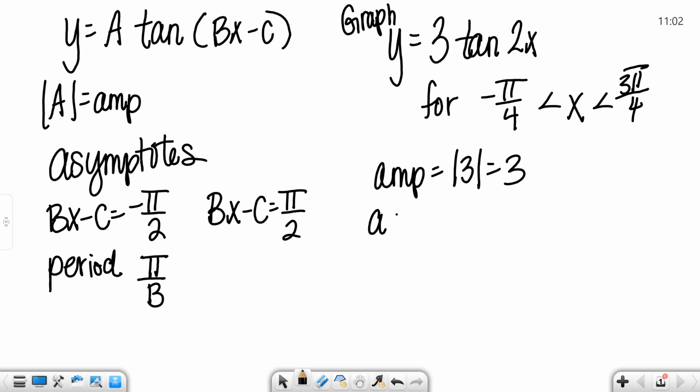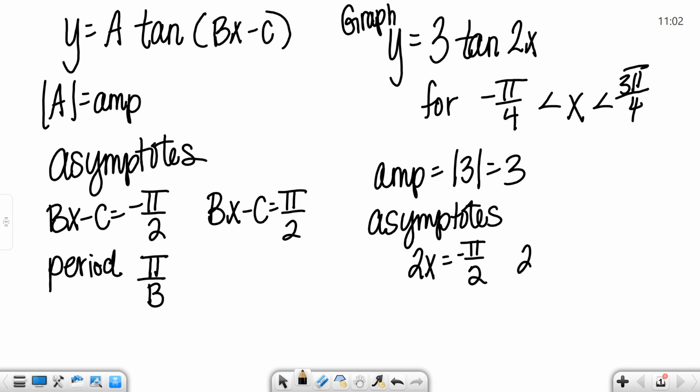Awesome. Now we need to do our asymptotes. All right, so my asymptotes for this particular problem, my bx minus c is just bx. So 2x is going to be equal to negative pi over 2, and 2x is going to be equal to pi over 2. Solve each one of these for x, and we'll know where our asymptotes are going to be located.